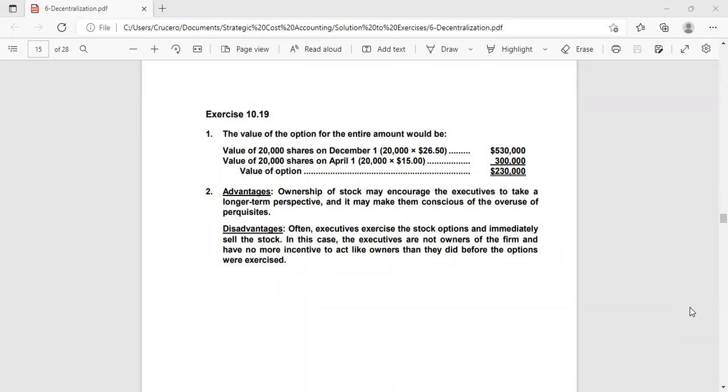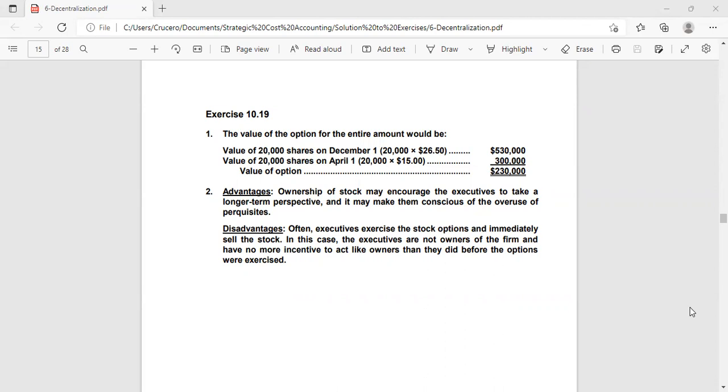And for the disadvantages, often executives exercise the stock options and immediately sell the stock. In this case, the executives are not owners of the firm and have no more incentive to act like owners than they did before the options were exercised.